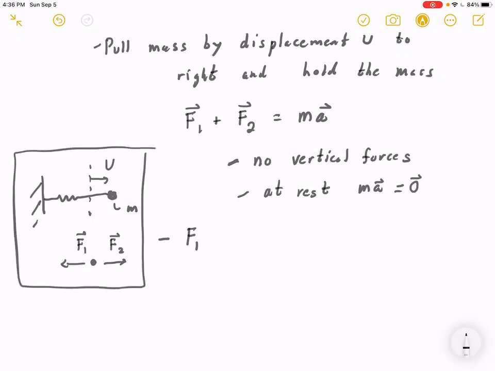So resolving this vector equation to its scalar components, which is only one, I have minus F sub 1 plus F sub 2 equals 0. F sub 1 is the restoring force due to the spring.